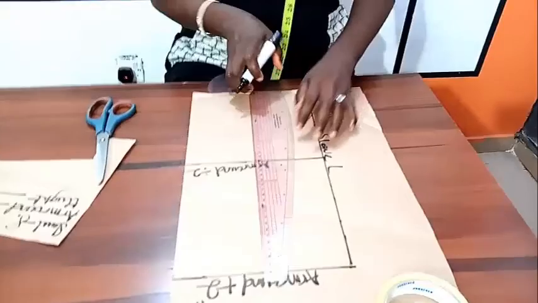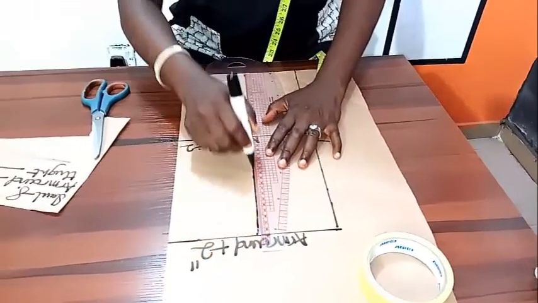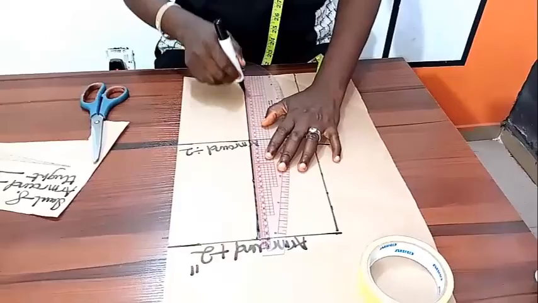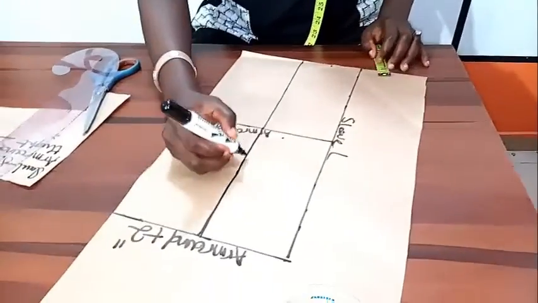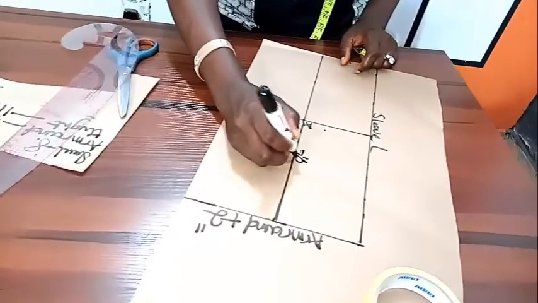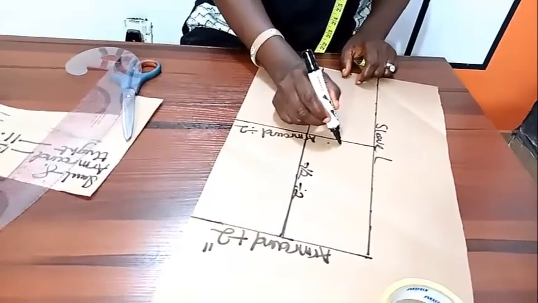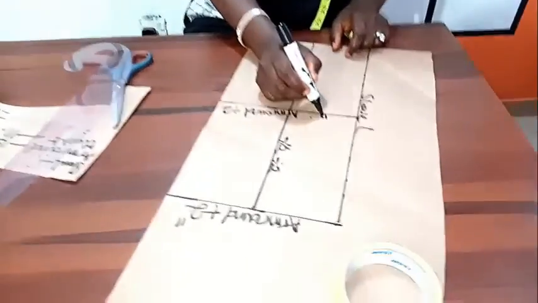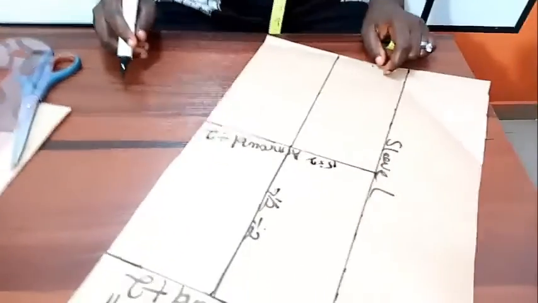Then I'll join the lines together. I hope you understand. So this is 7.5 divided by 2. This is 15 divided by 2. So I hope you understand that.